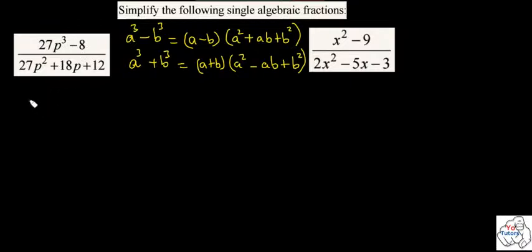So what you're going to do now, it's more like you are saying 3p in brackets cubed minus 2 cubed over 27. Now in the 27p, we can factor out 3.